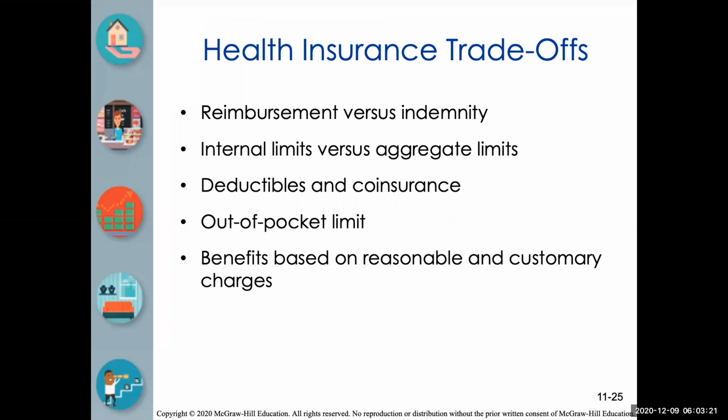So there are definite trade-offs, but you can now see from this conversation why the healthcare costs in the United States are as high. I don't want to use the word excessive, but they are higher than the rest of the world.